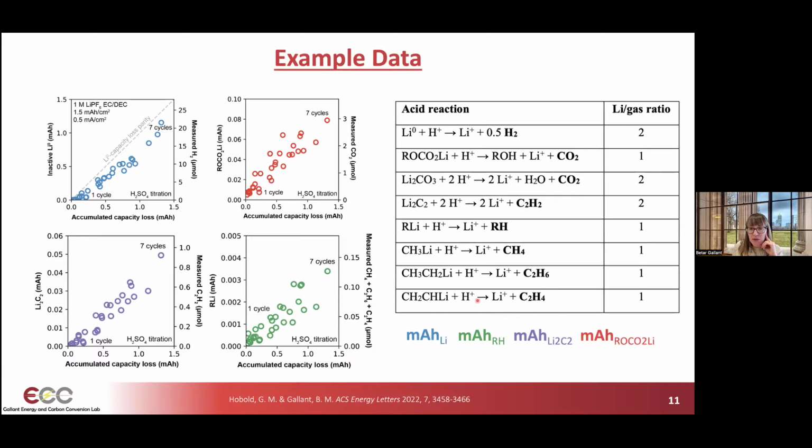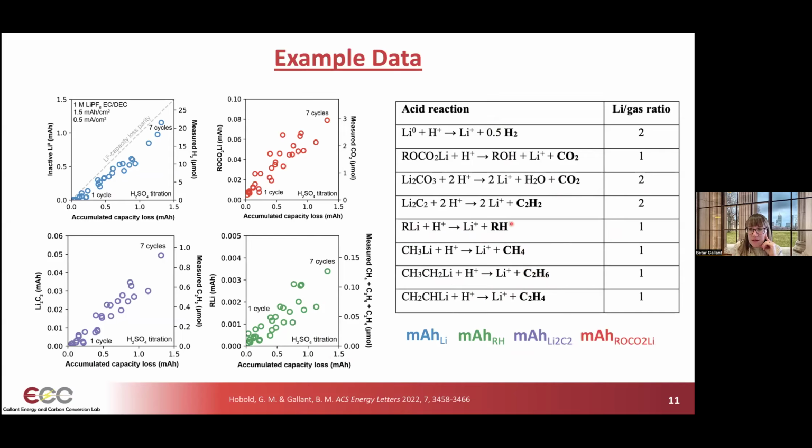Again, with known stoichiometry, we can back calculate the effective capacity loss. One thing I want to comment on is that in almost all of these cases, this is a pretty unambiguous reaction stoichiometry that gets us from the detected gas to the lithium consumed to form that original SEI phase over here.